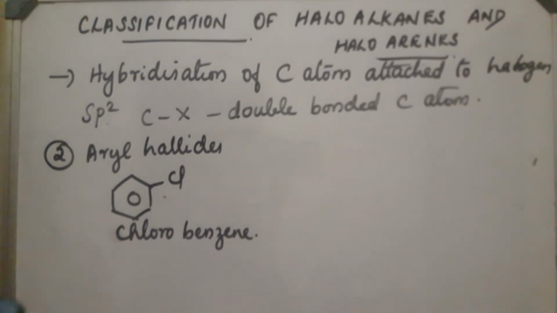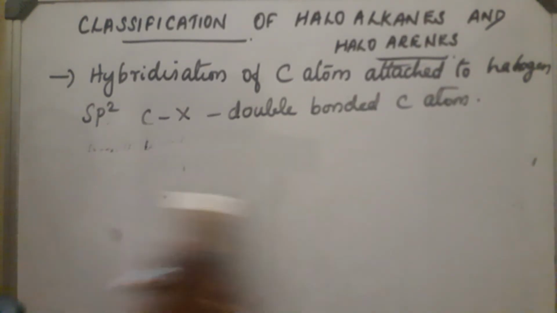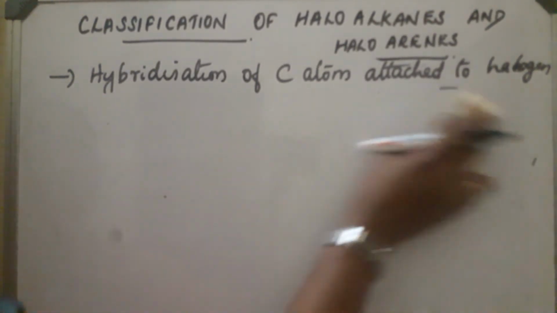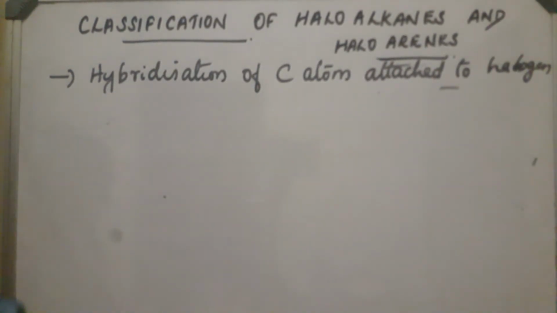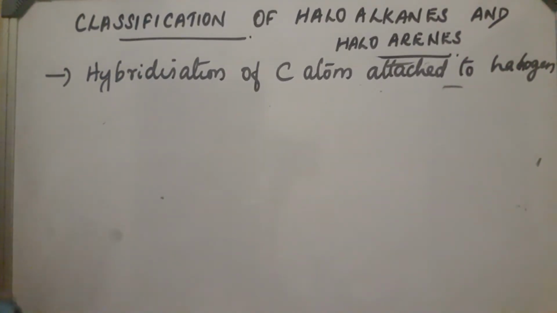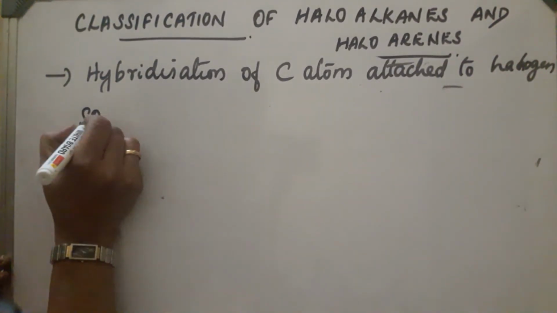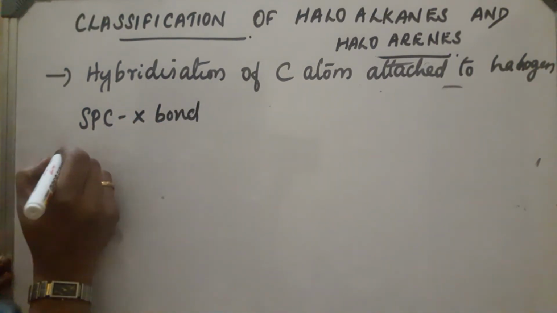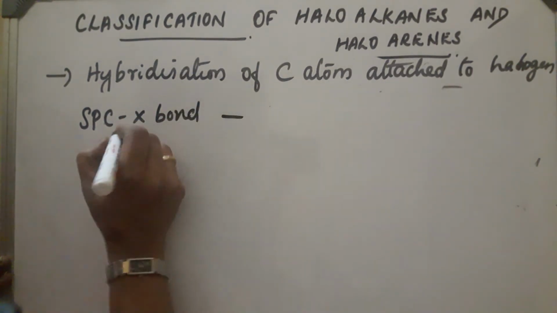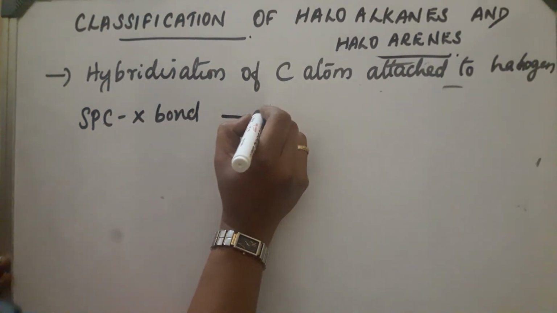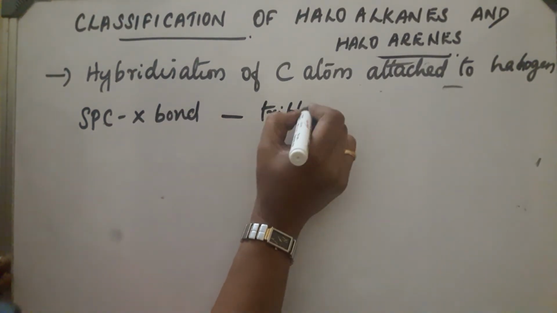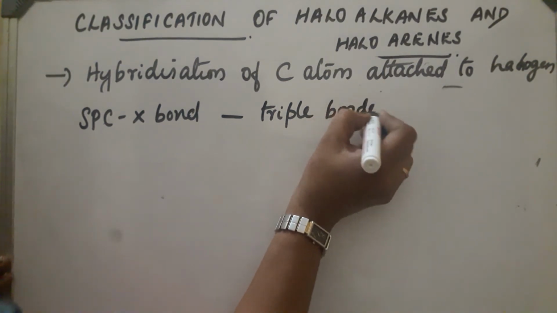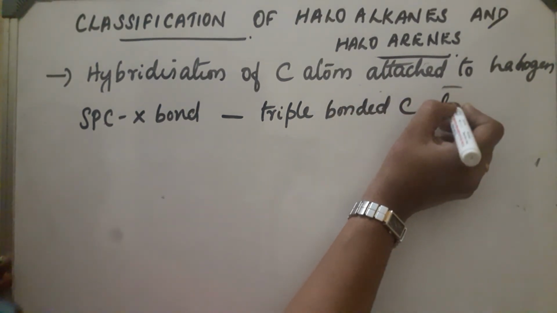Now, the next category is the sp C-X bond, that is, the carbon atom contains a triple bond. Here, the halogen atom is attached to a triple bonded carbon atom.